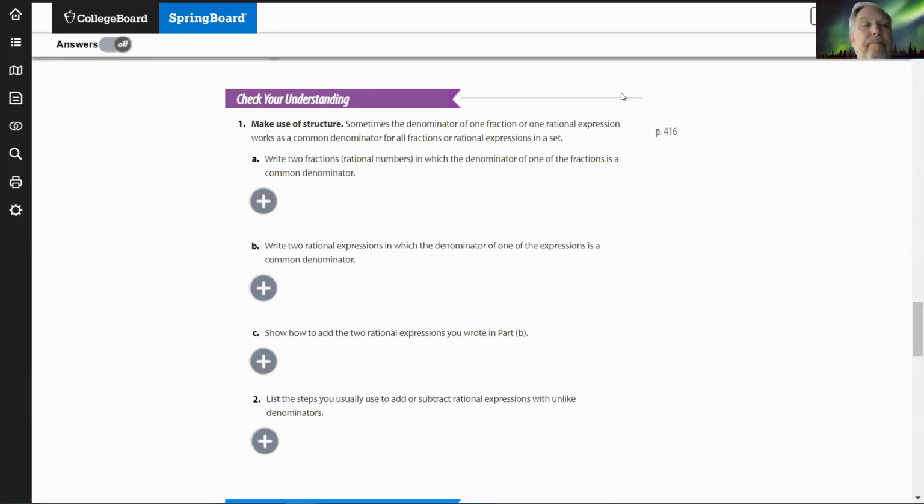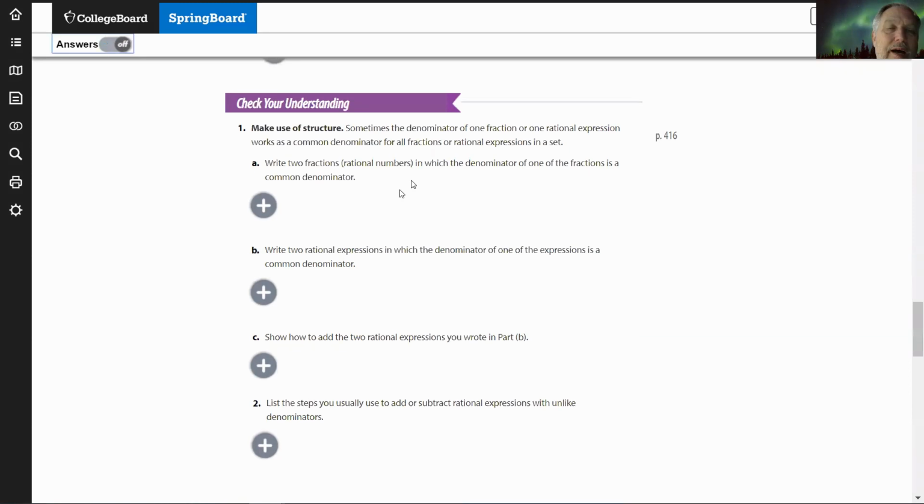Check your understanding. Make use of structures. Sometimes the denominator of one of the fractions, or rational expressions, works as a common denominator for all fractions or rational expressions in the set. So in other words, in the example 1/2 and 1/8, the 8 is the least common multiple.